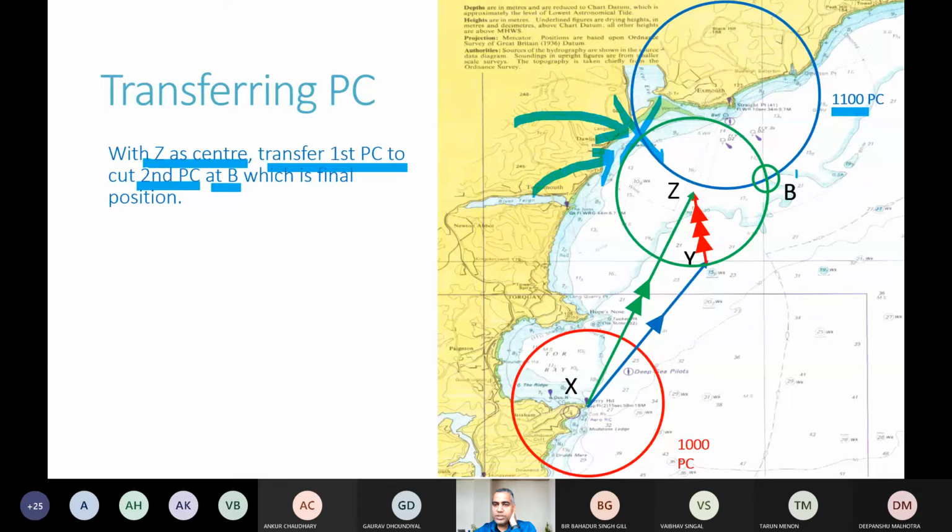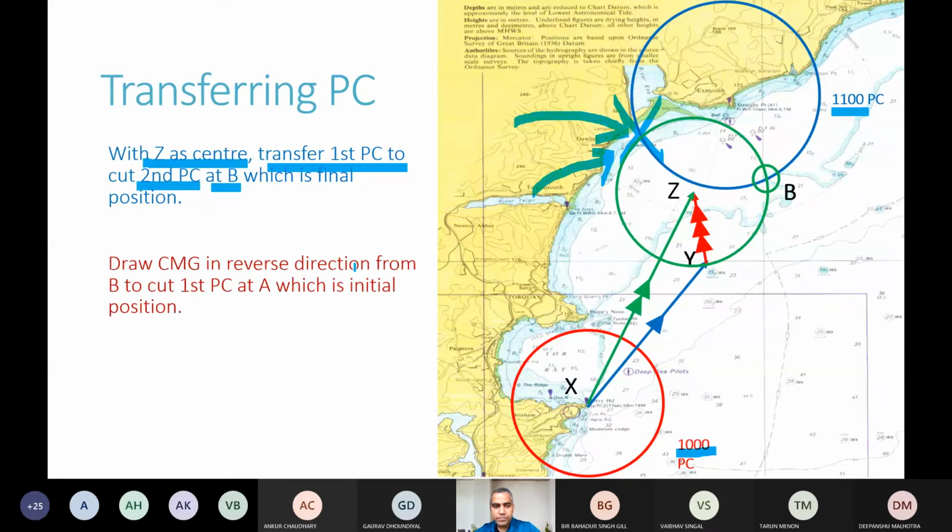So B is... backwards. So if we also want the 1000 hours position, what will we do? We have the course made good, the green color vector, available to us now. If we apply this same vector at B in the reverse direction, then this vector will take us to a position on the red color circle or 1000 position circle.